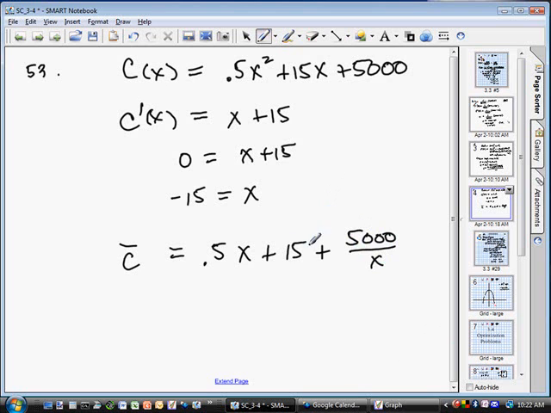Now you'd have to differentiate that, and that would involve the quotient rule. So let's do that and see if that does it. The derivative of the average cost would be, by the quotient rule: denominator times derivative of numerator minus numerator times derivative of denominator, over denominator squared.